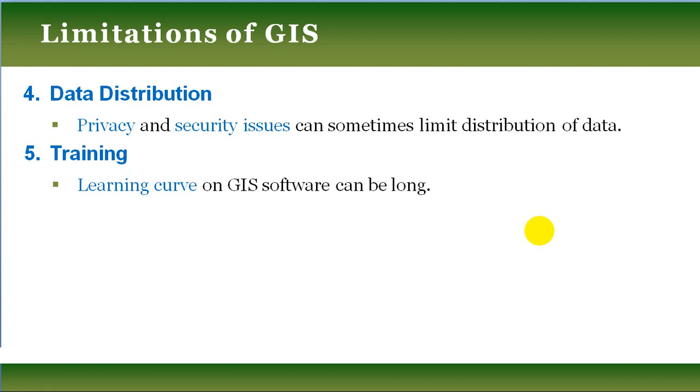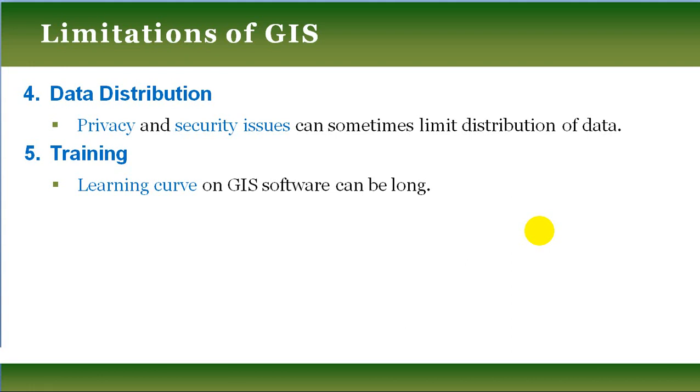Critical mathematical computation, statistical computation is there. All these concepts you have to learn properly, then you can perform those sorts of methods in GIS software. So the learning curve: you have to learn it, and it will take time.